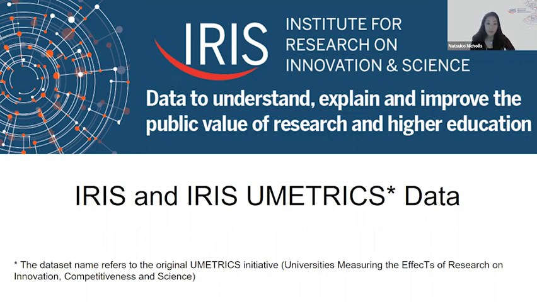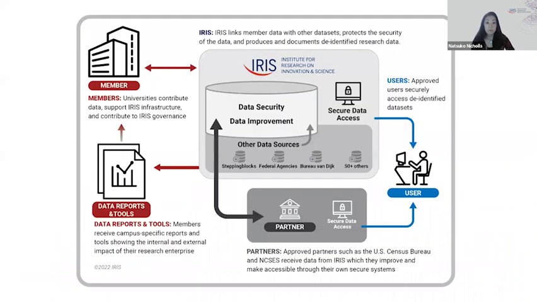IRIS is a successor of the Umetrix initiative, originally created to track American Recovery and Reinvestment Act, ARRA spending. As shown here, IRIS member universities play an important role for data availability, infrastructure support, and contribute to governance.